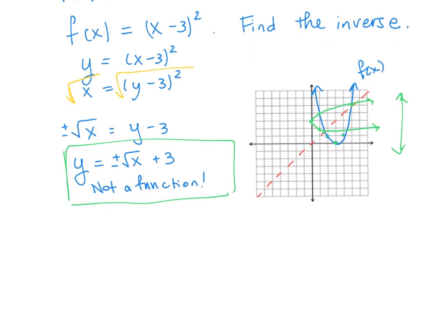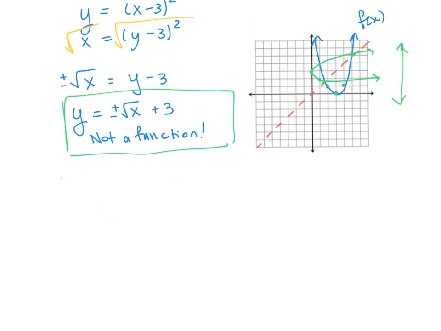Now, if we change the problem slightly, say the original problem said that f of x equals x minus 3 squared, so the same problem, but it specified that x was less than or equal to 3. So it's saying that we're only going to graph the part of the function where x is less than 3.